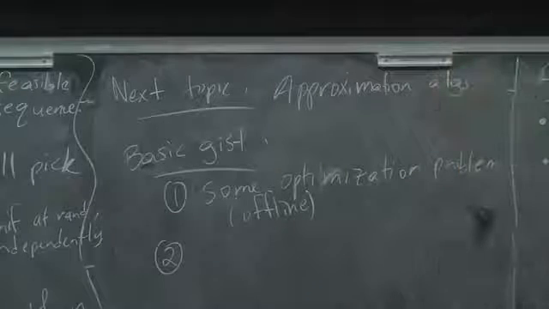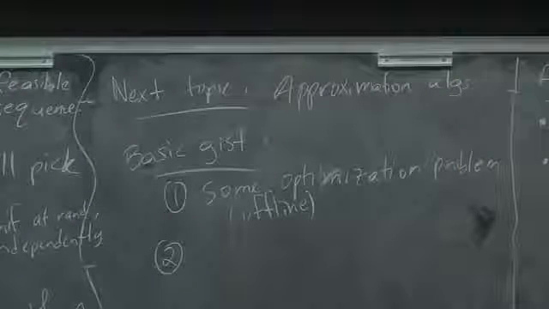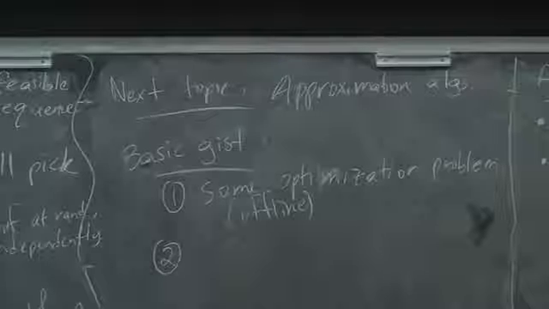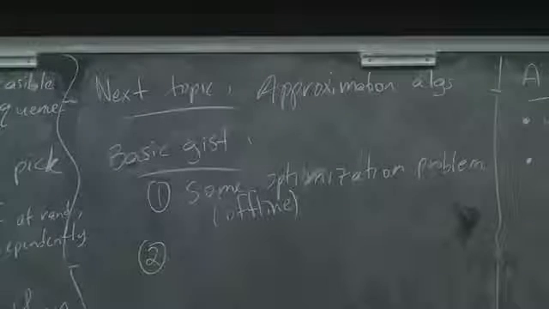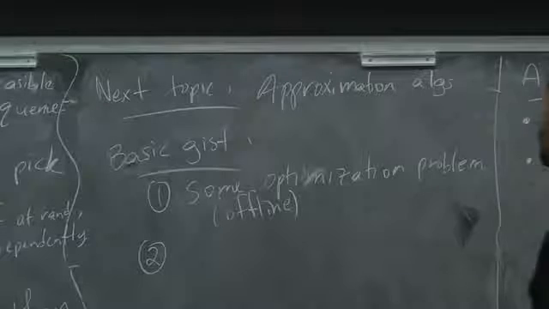And the best known algorithm for solving this optimization problem is slow. Maybe the problem is NP hard, and the best algorithms we have are exponential time. Or maybe we do have a polynomial time algorithm, but it runs in time n to the 10th or something. So the best known algorithms are slow.